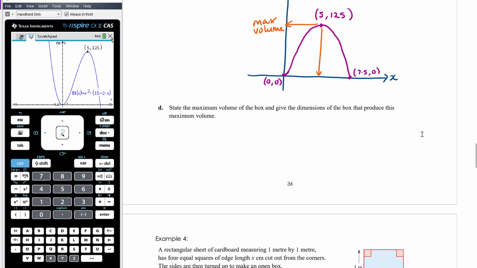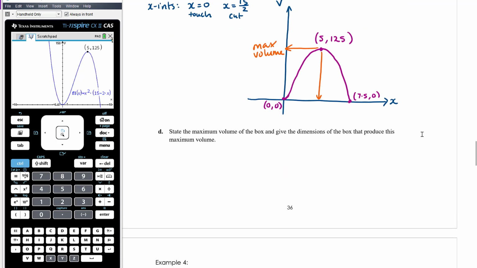Okay. So in this instance, maximum volume is 125 centimeters cubed. And then our dimensions are going to be x by x by h.